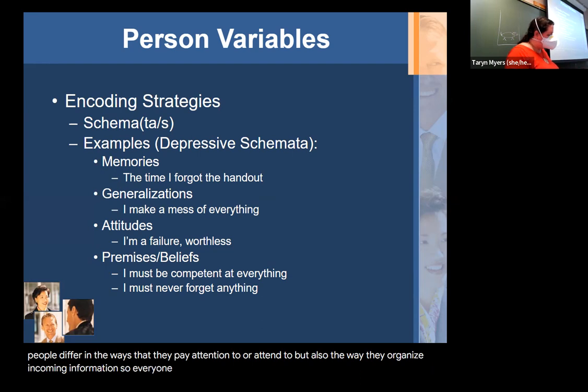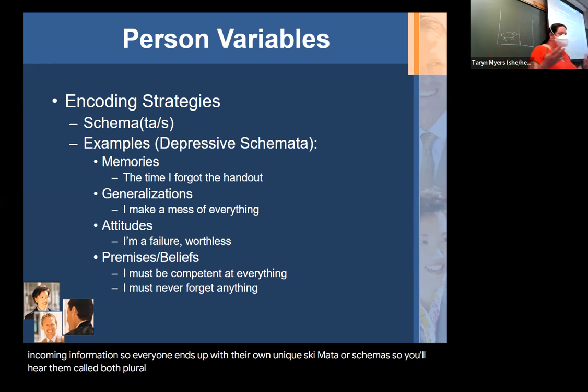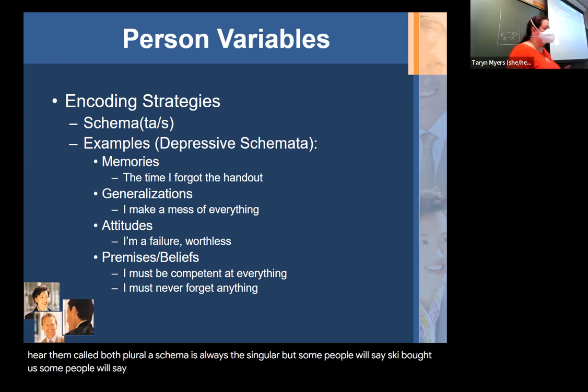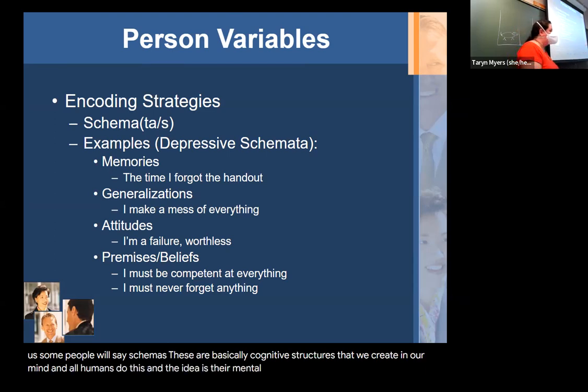So everyone ends up with their own unique schemata or schemas. You'll hear them called both plurally. Schema is always the singular, but some people will say schemata, some people will say schemas. I usually use schemas. These are basically cognitive structures that we create in our mind, and all humans do this. And the idea is they're mental shortcuts. They're ways for us to process information faster.